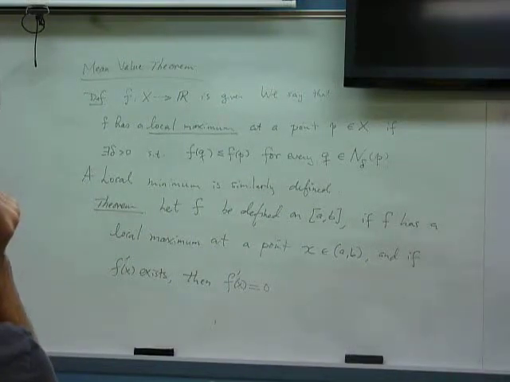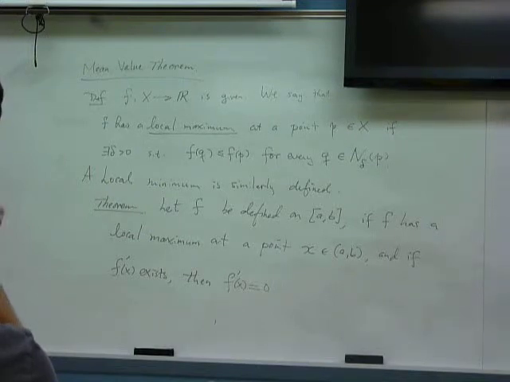If t is less than x, the numerator is smaller than or equal to zero, since f of t is at most f of x. So the numerator is non-positive. The denominator, t minus x, is also negative. So the quotient is non-negative.